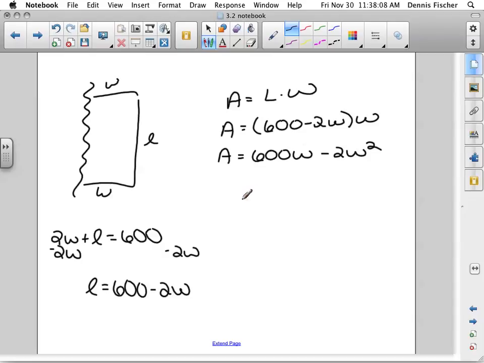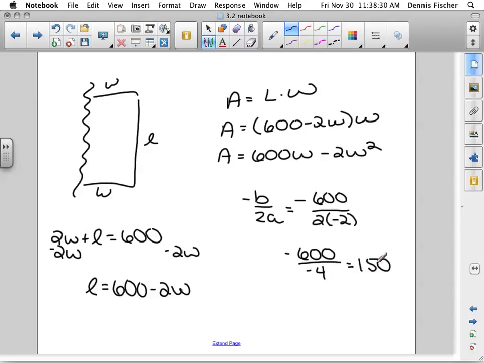Now, vertex is at negative B over 2 times A, which is a negative 2. Correct? So, negative 600 over negative 4, which is 150.